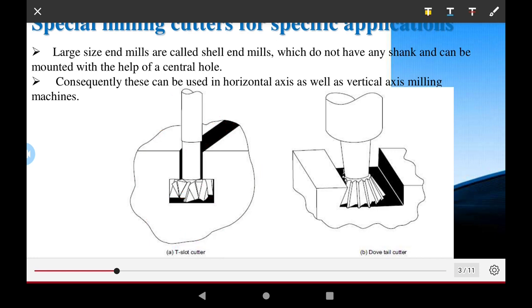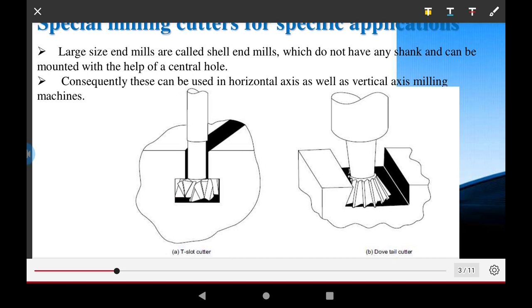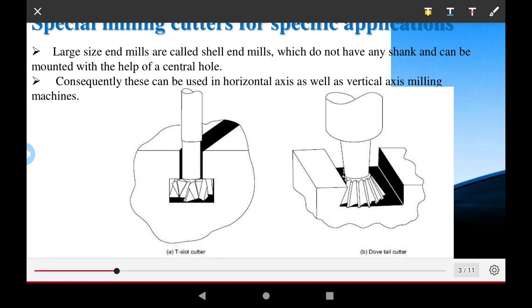The tool can be used on a horizontal axis, and the tool also moves along the horizontal axis, increasing the length of the cut in the milling operations.